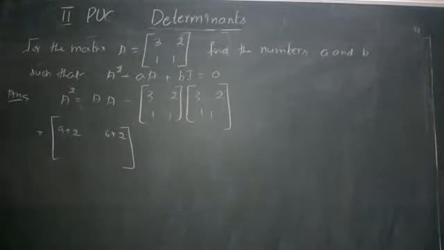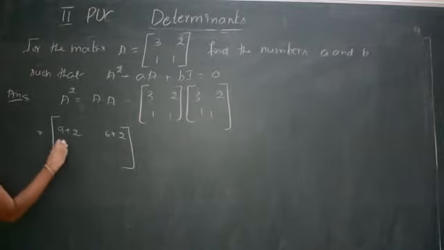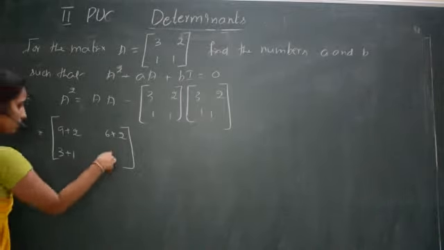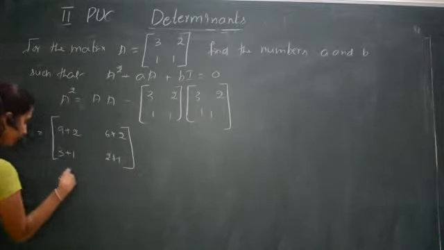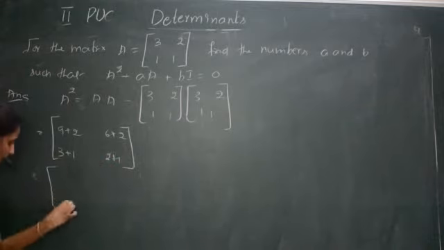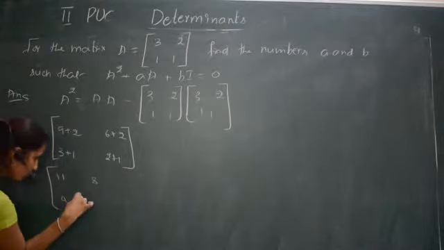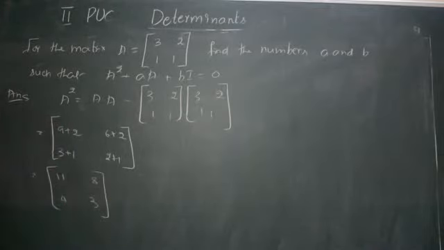Second row, first column: 1 into 3 is 3, 3 plus 1. Second row, second column: 1 into 2 is 2, 1 into 1 is 1, so 2 plus 1. This will be equal to 11, 8, 4 and 3. So we got A square as 11, 8, 4, 3.